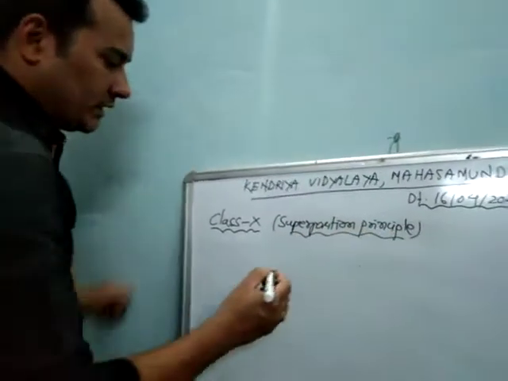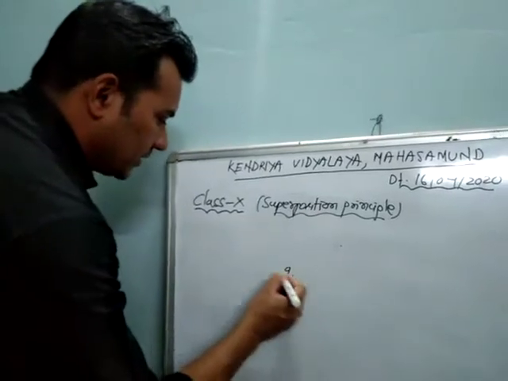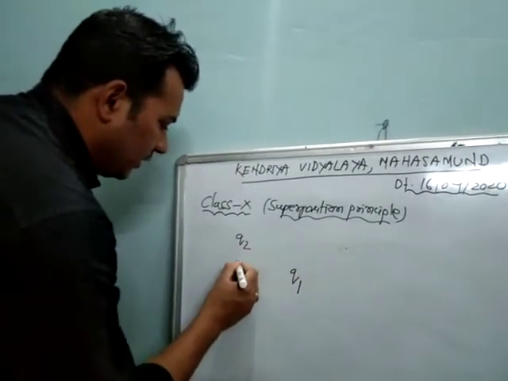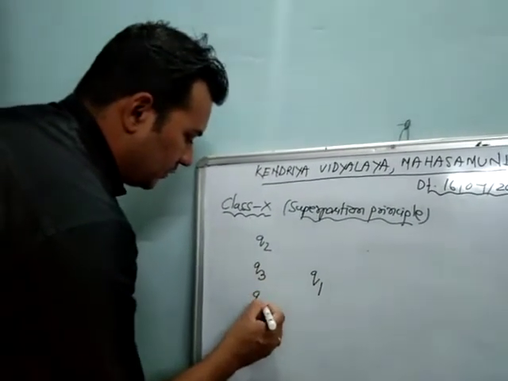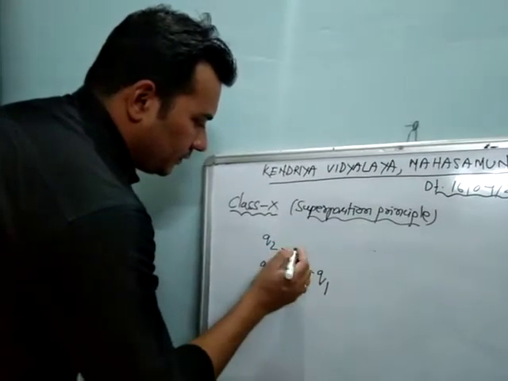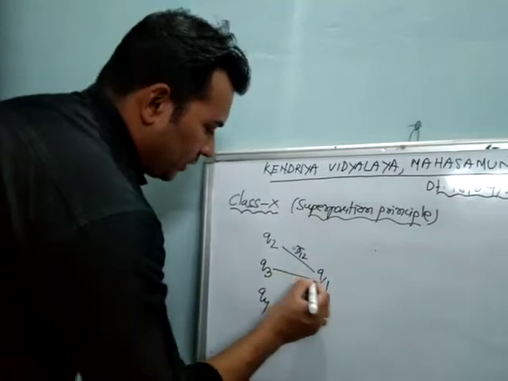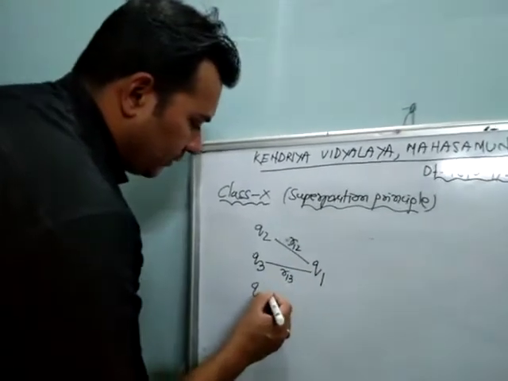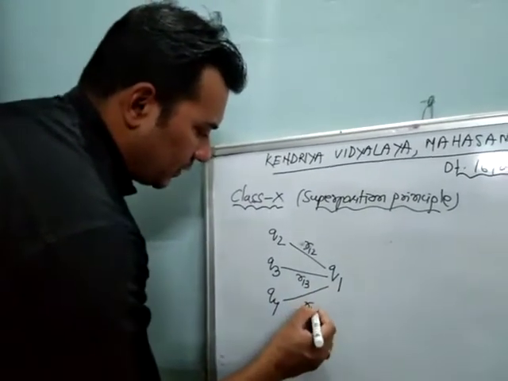Superposition principle states that if there is one charge Q1 and suppose there are three other charges Q2, Q3 and Q4. Suppose the distance between Q1 and Q2 is R12, Q1 and Q3 is R13, and Q1 and Q4 is R14.